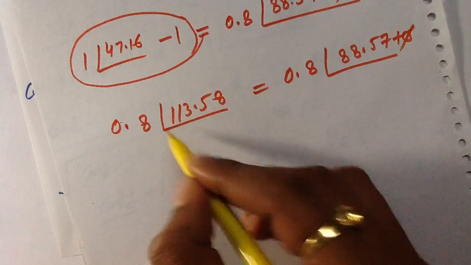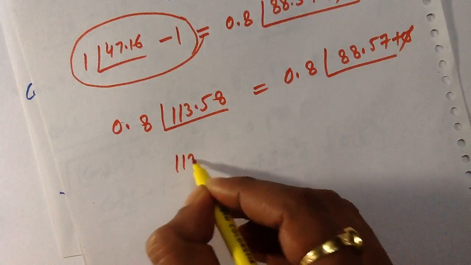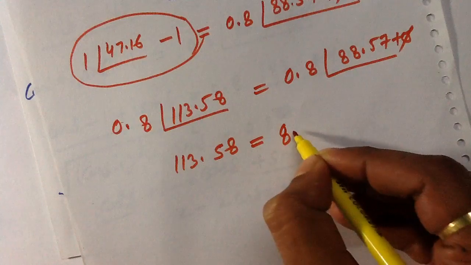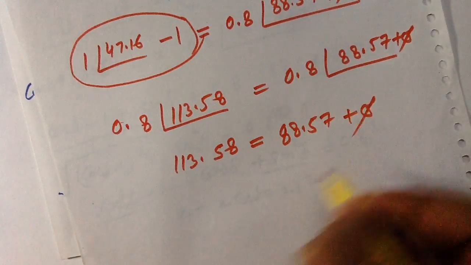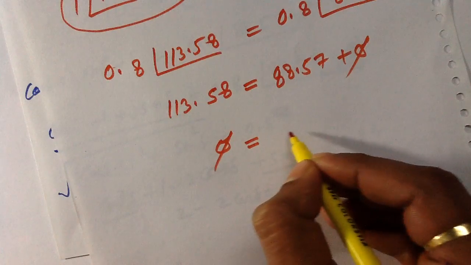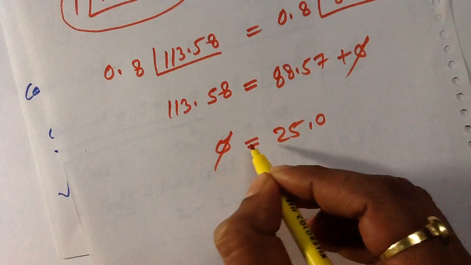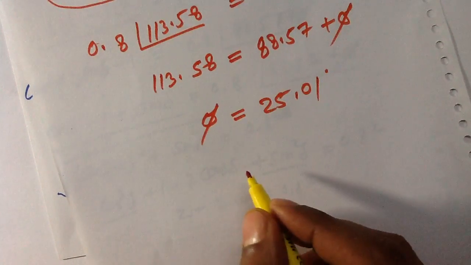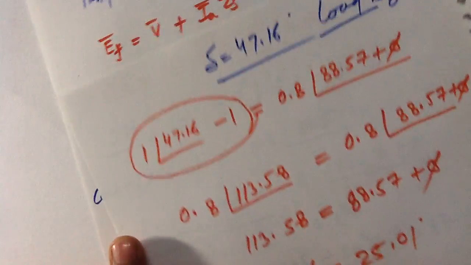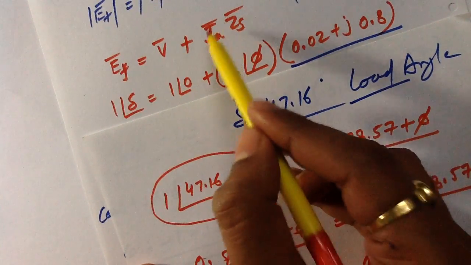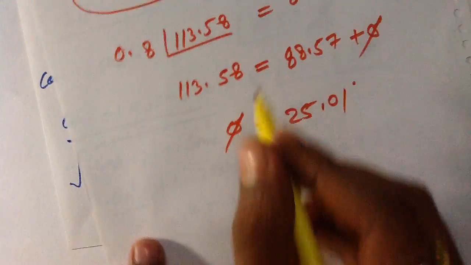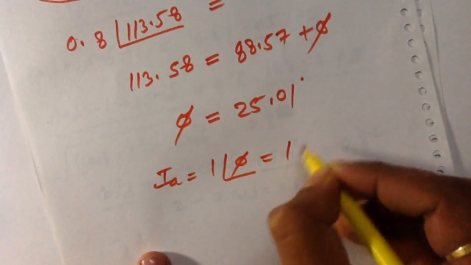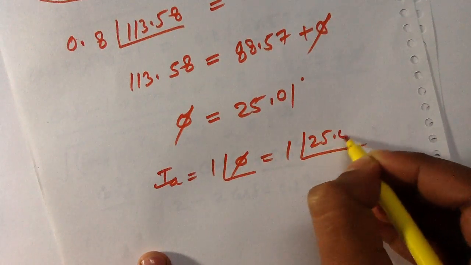If you compare the angle of the left hand side and the right hand side, 113.58 equals 88.57 plus 5, and in this way the value of phi will be equal to 25.01 degree. So in this way we can write the value of the armature current. Armature current is 1 angle phi, so it will be 1 angle 25.01 degree.